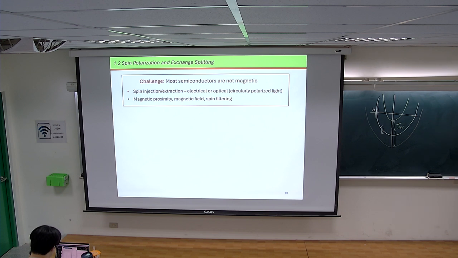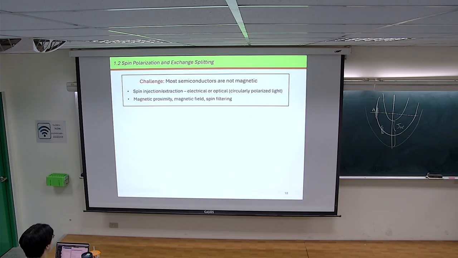One can do spin injection, spin extraction, or electrical or optical pumping. You can also pump spins with circularly polarized light, so that you give orbital momentum and then it transforms into spin. We can also use the magnetic proximity effect, a magnetic field, or a spin filter. A magnetic field is typically not as good because the g factor is small, so you will typically need a very large magnetic field.